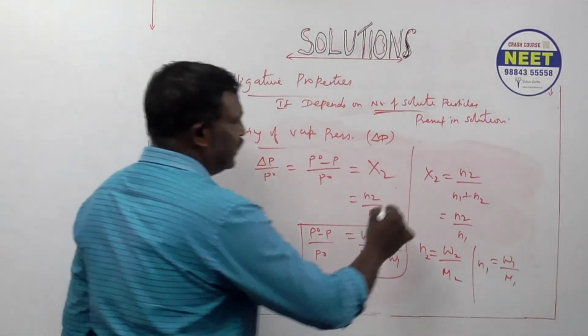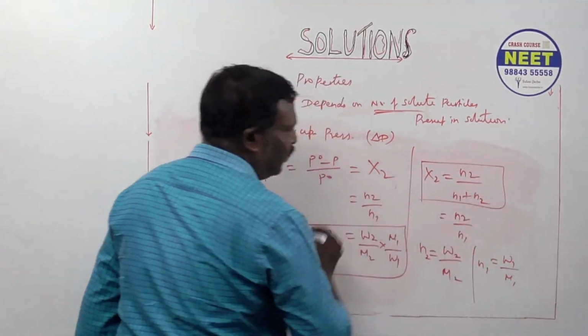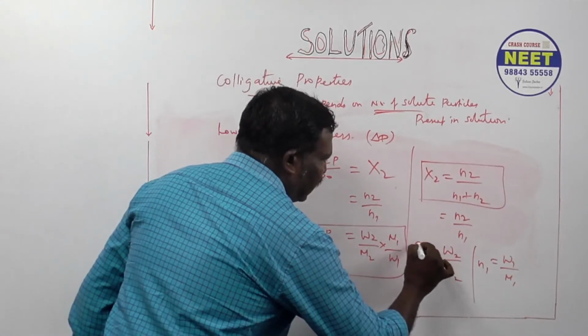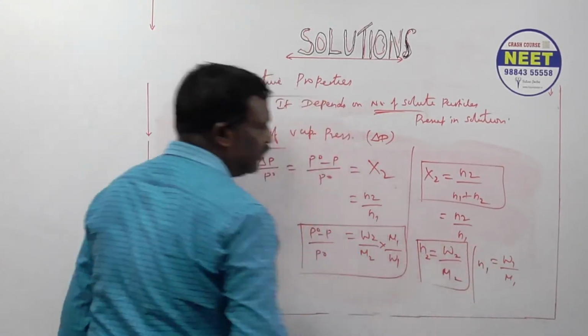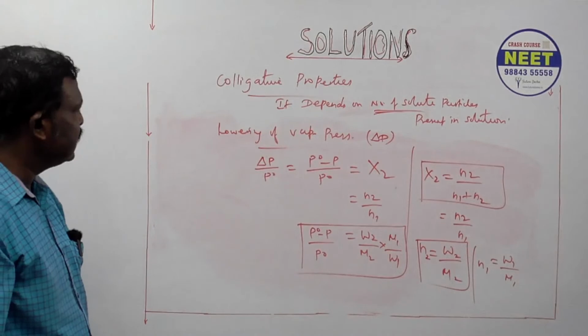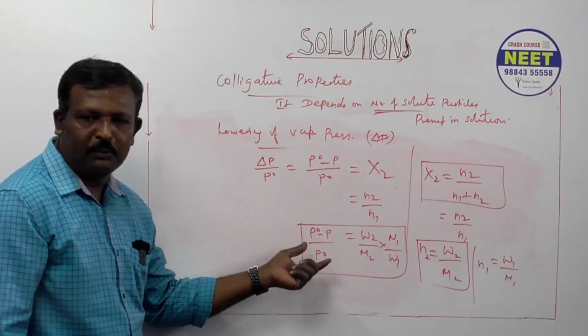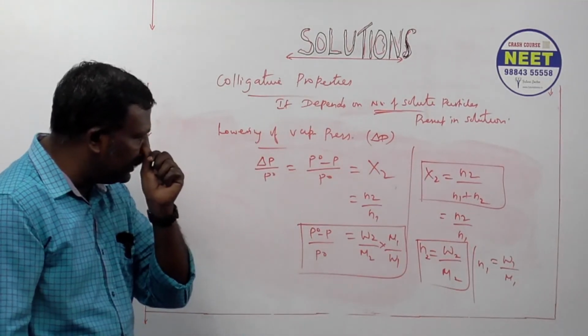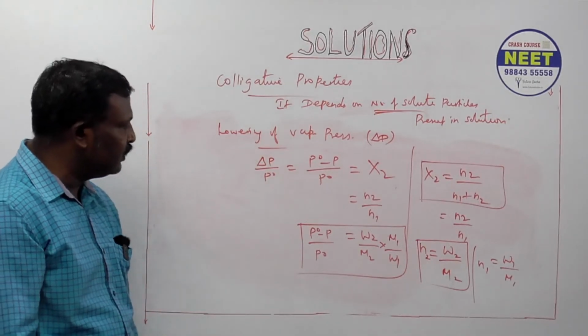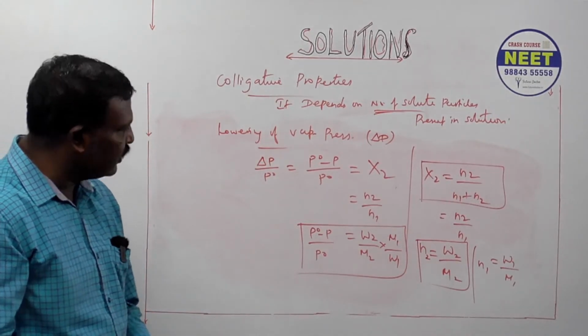All these formulas you must know. This is also one formula for mole fraction. This is the formula for number of moles. And this is the formula for lowering of vapor pressure: P0 minus P by P0 is equal to W2 by M2 into M1 by W1. It's the formula.